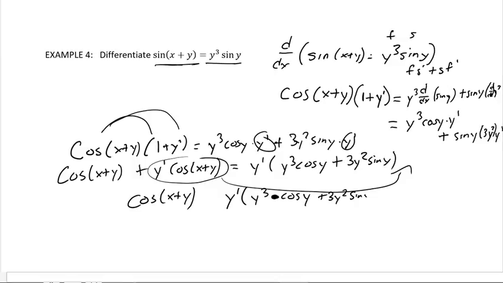And then divide everything by that, and what we have is cosine of x plus y divided by y cubed cosine of y plus 3y squared sine of y minus cosine of x plus y equals y prime.